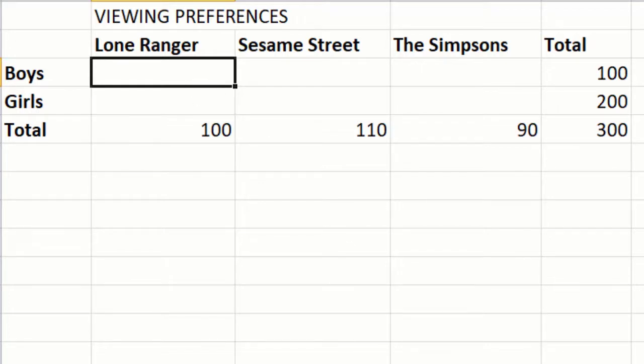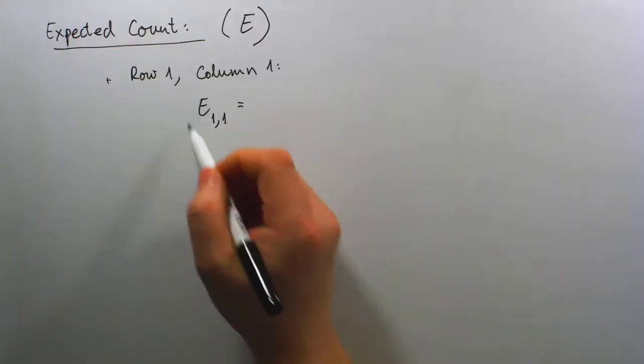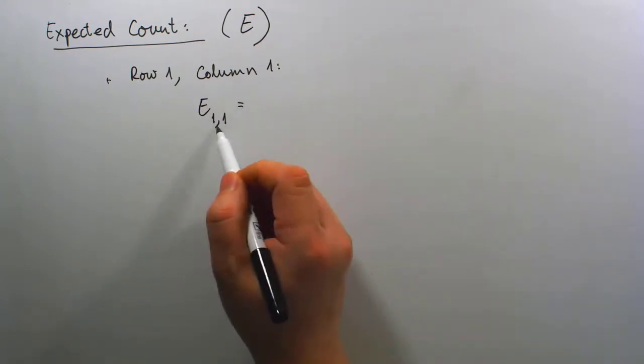The difference between expected count and observed count is that observed count is whatever comes right here in our sample being distributed. The counts are distributed among these, but expected count we can always theoretically calculate based on the total column and the total row that's already known right here. So now back on my board here, this is the way how we're going to calculate expected count for row 1, column 1.